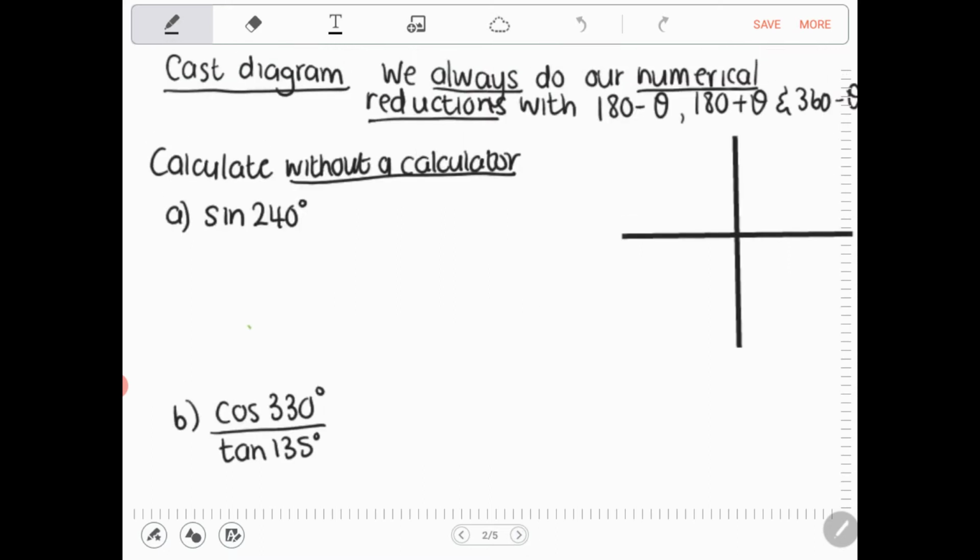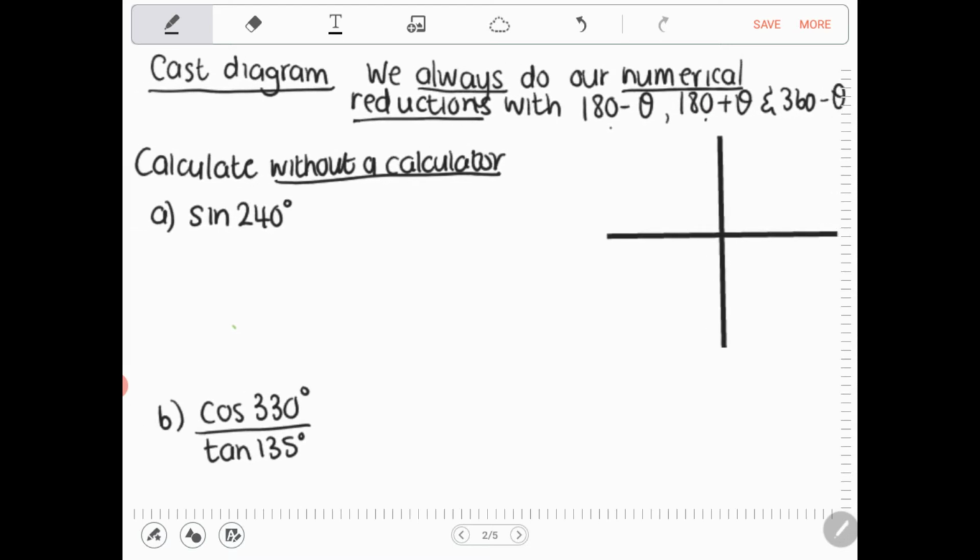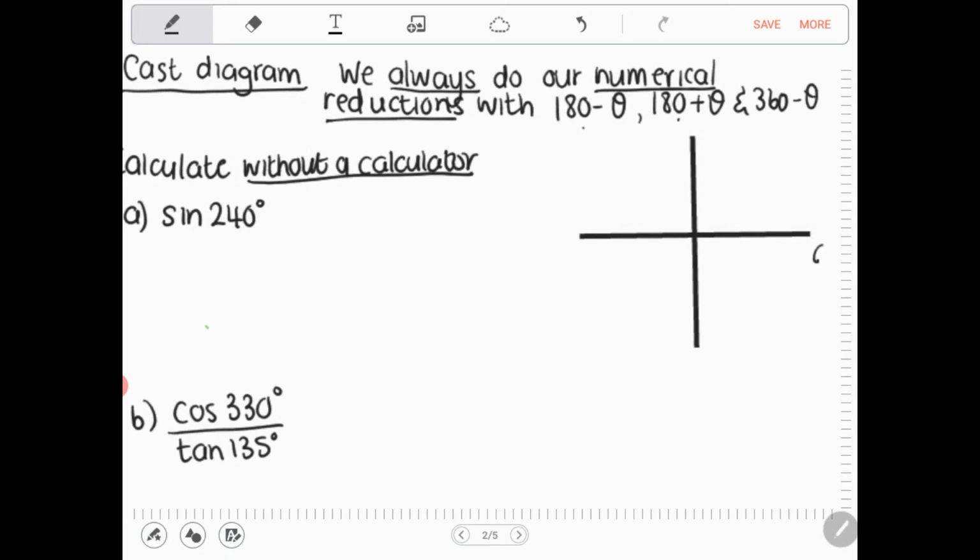Okay, so in a class diagram, we always do numerical reductions with the 180 minus theta, the 180 plus theta, and the 360 minus theta. So here's our class diagram, just to remind you.